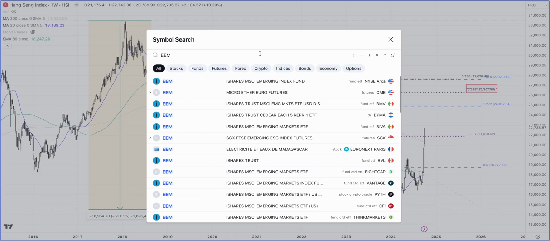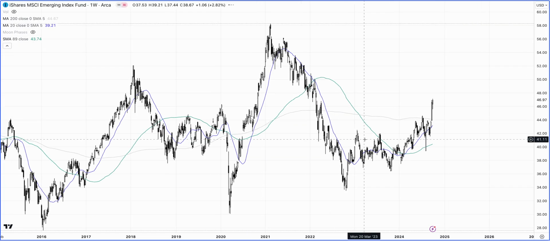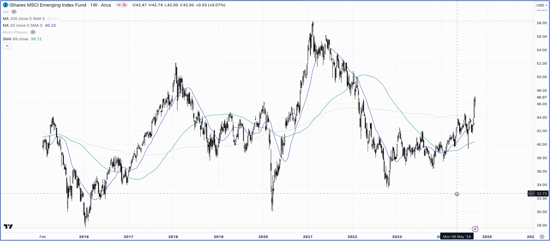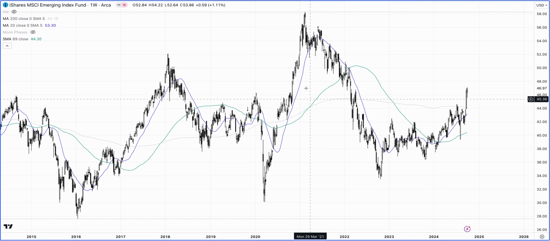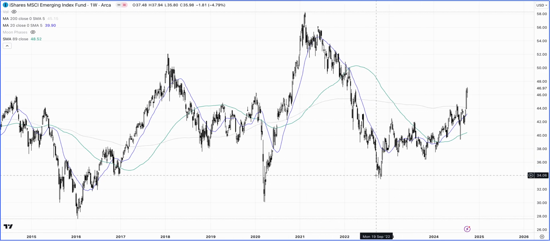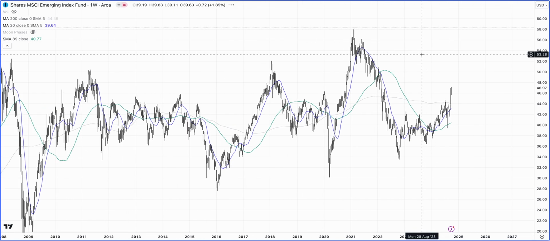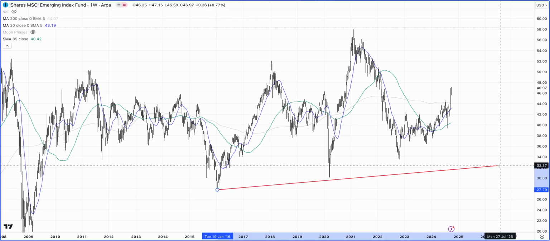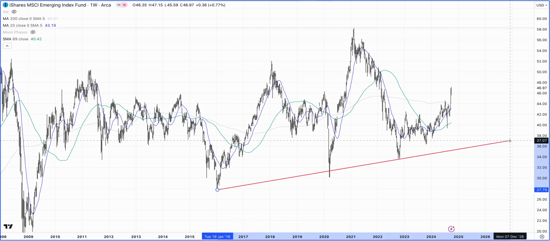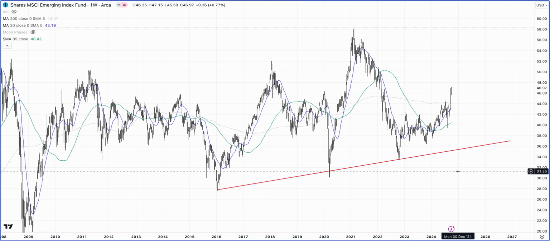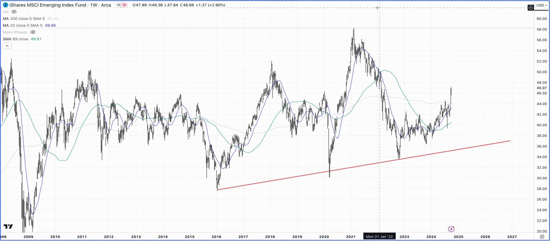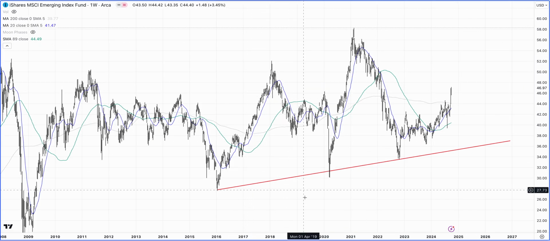Let's also take a look at the emerging markets. The emerging markets are also getting stronger after a big decline that you can see here. If we were to draw a trend line like this, it's been forming higher bottoms all along, and higher highs there, but these swings are really big.